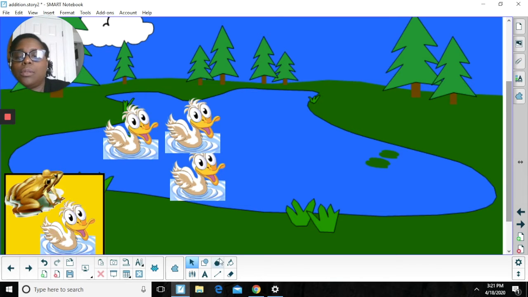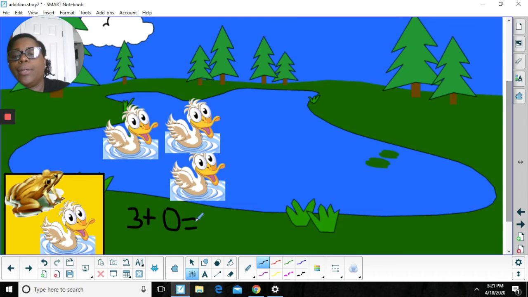If we were to write an addition sentence about what we see here, we would say 3 plus 0 equals, how many do we have up here? 1, 2, 3. 3. We didn't have to push any groups together because we only had 3 ducks in the pond.